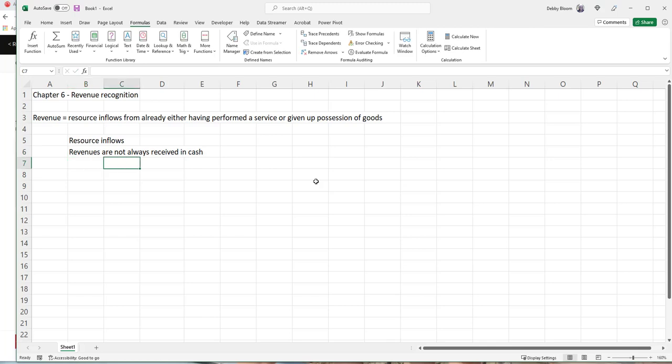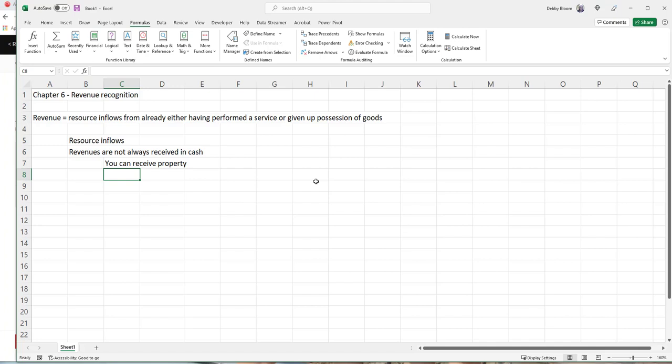So first of all, you can receive property. For example, let's say you typed your friend's term paper and they couldn't afford to pay you cash, so instead they gave you their iPod. So instead of debiting cash, you just debit iPod and then you'd credit service revenue.